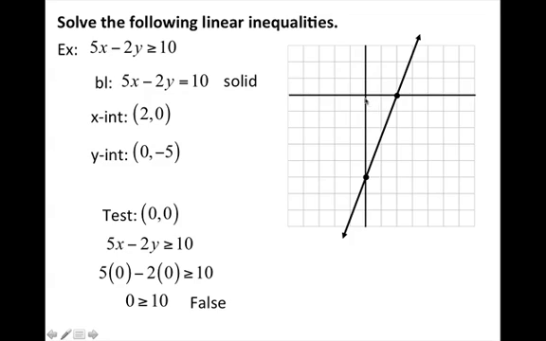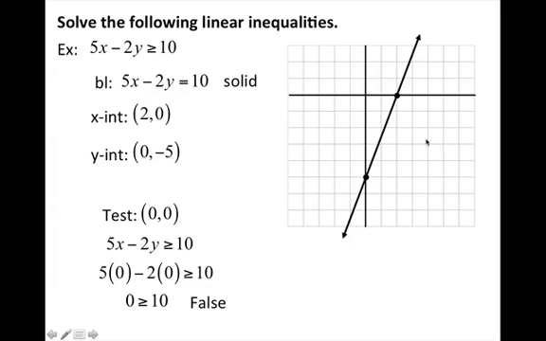Since 0, 0 was false, that means every point on this side of the line is going to be false. And you could test, you could plug in negative 3, 2. You could plug in negative 4, negative 2. Any point from this side of the line that you plug in will give you a false statement. So this side is not our solution, and the right-hand side is our solution.